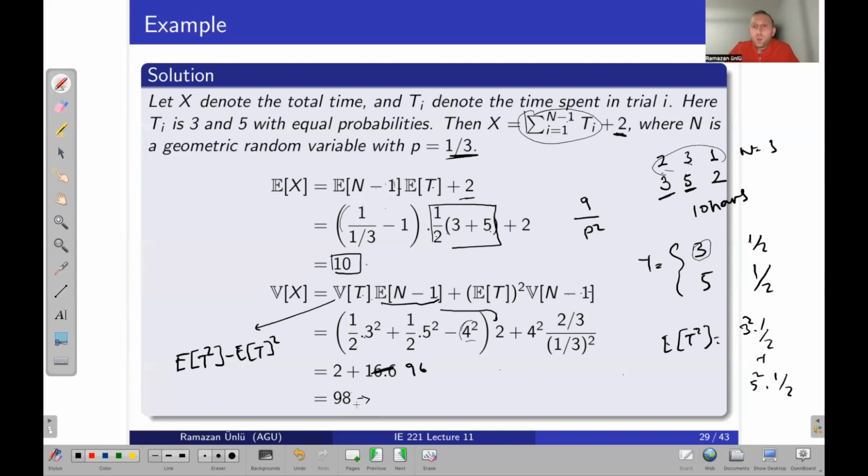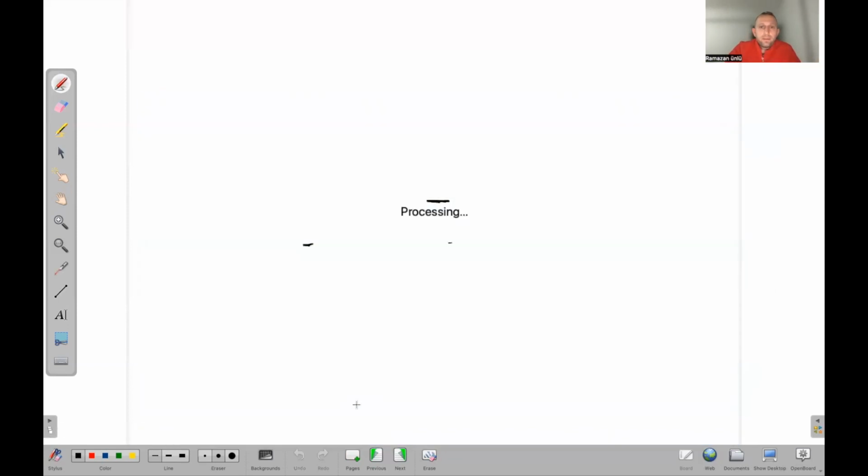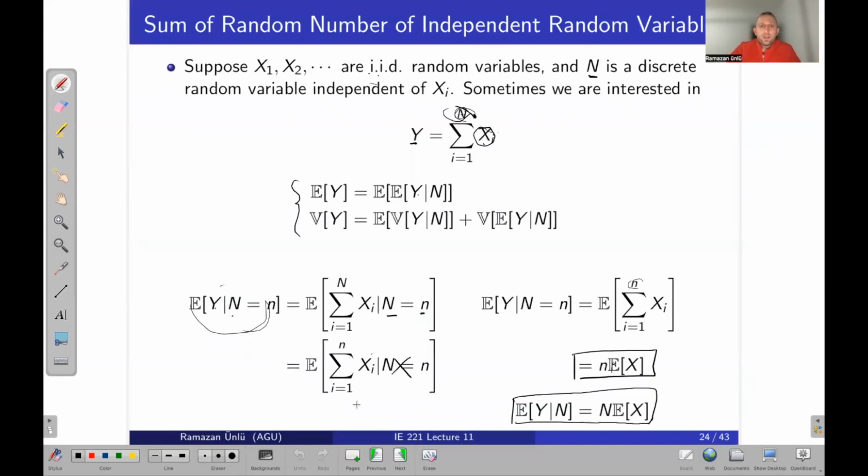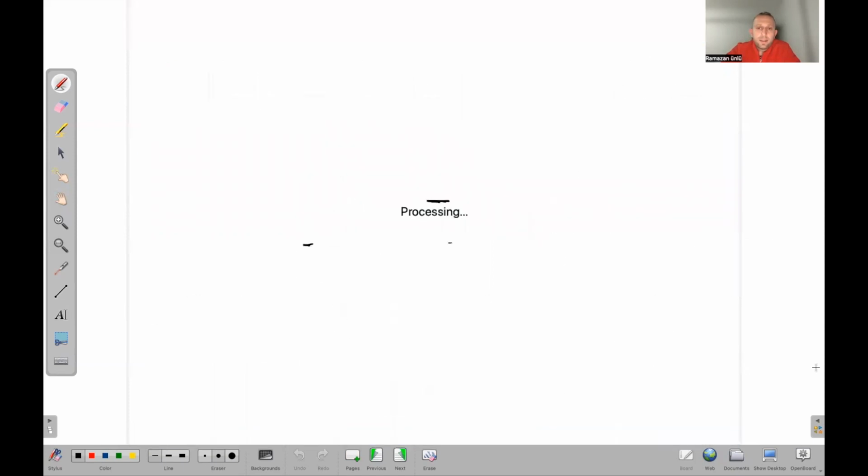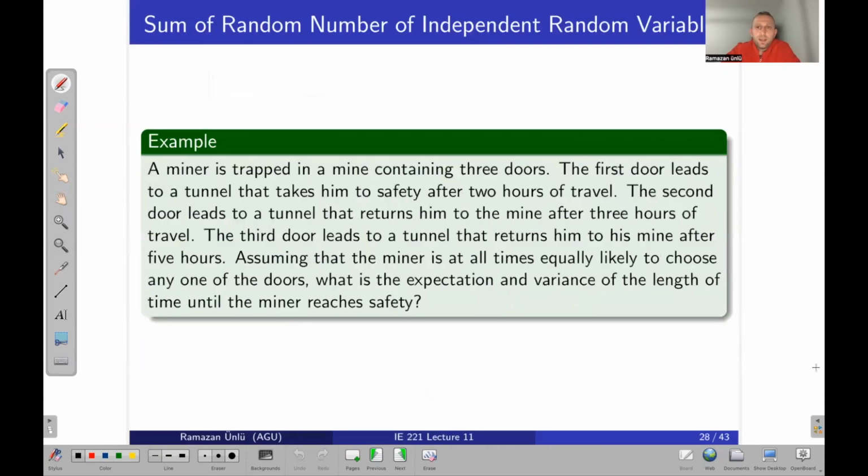But I always need to remind you, you don't need to memorize all these formulations. I will give them to you, or you can find them from some sources, but just try to understand the logic behind what we did. So if you have any questions like that, where you are interested in the summation of random variables, you can apply these strategies in an easy way. So that is the end of part 6, and I will see you in the last part.